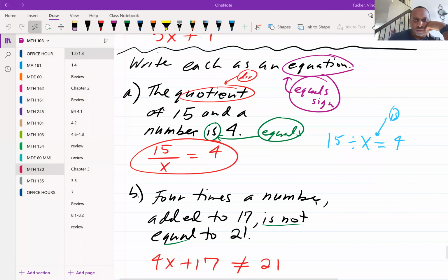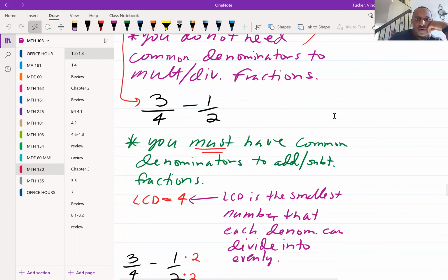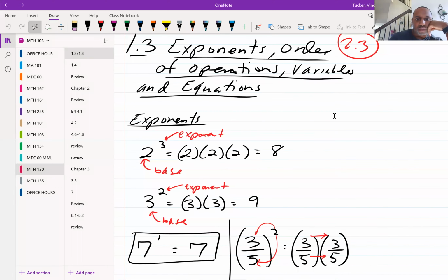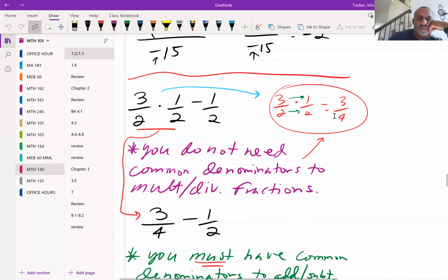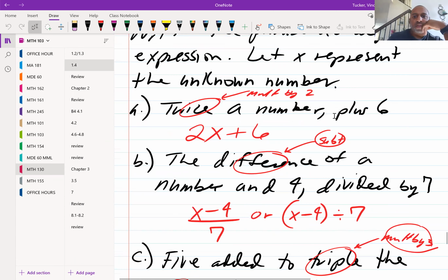All right. So we left off here, and that was 1.3, I believe. Just want to make sure.